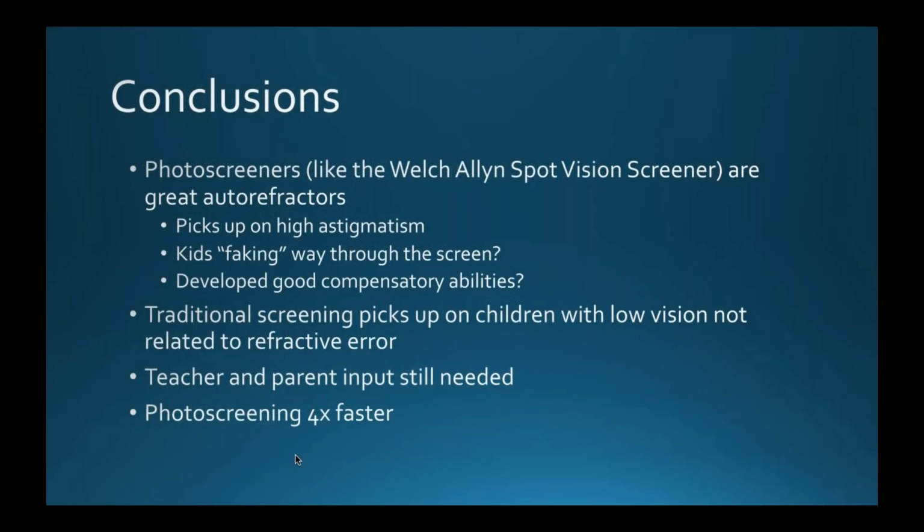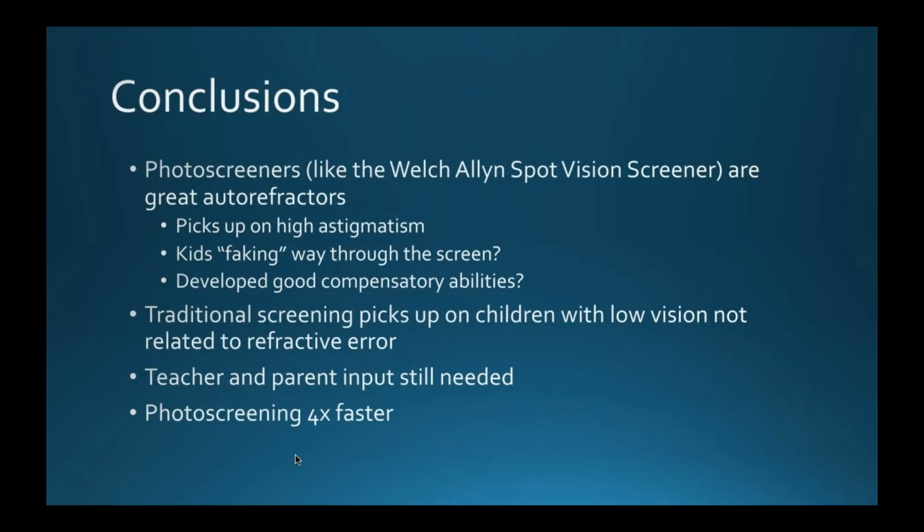And did these children who actually need glasses develop good compensatory abilities when they're screened for vision? Traditional screening does pick up on children with low vision that might not be related to refractive error. And so with those children, they really can't see, and it's not explained by a need for glasses.